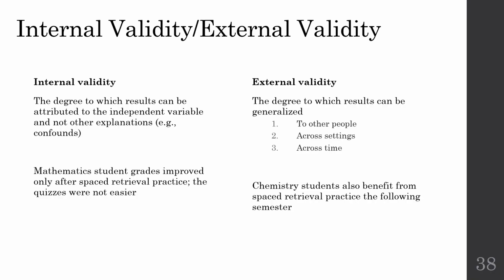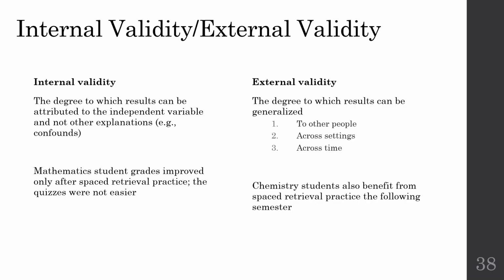External validity is the degree to which results can be generalized. So now that you found something that your measure might have identified, if you have external validity, you can take those findings and apply them outside of that specific context that you just measured them in. So in this case, the degree to which these results can be generalized to other people, other times, other settings.